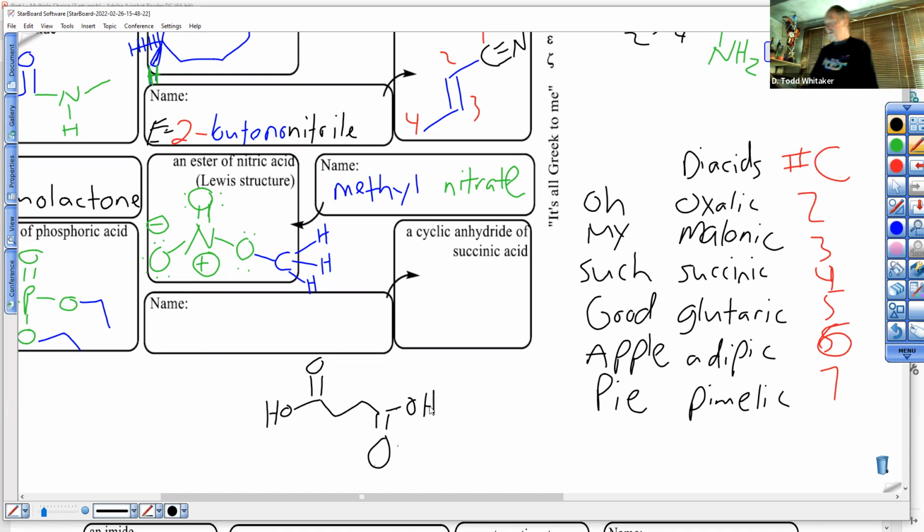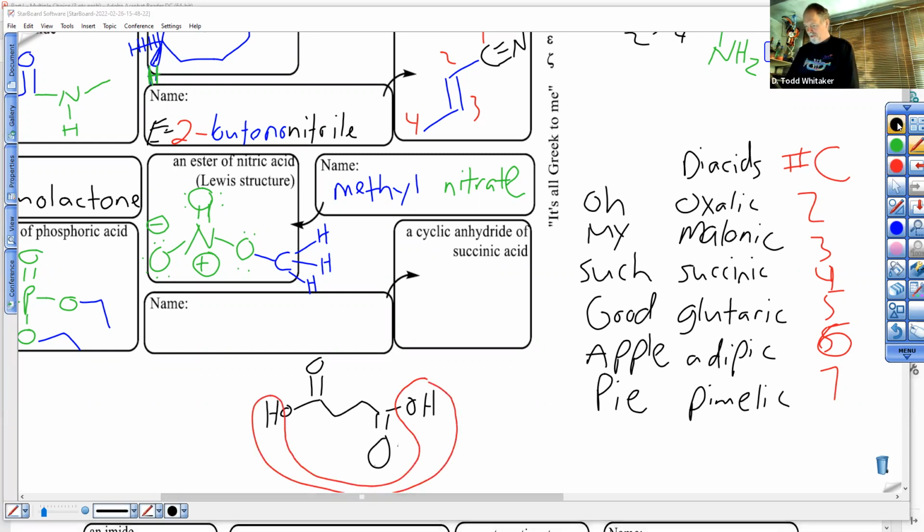You get rid of water and connect what's left. So you got a carbonyl. CH2 once. How many CH2s in the middle? 2. Then a carbonyl. And then connect what's left.